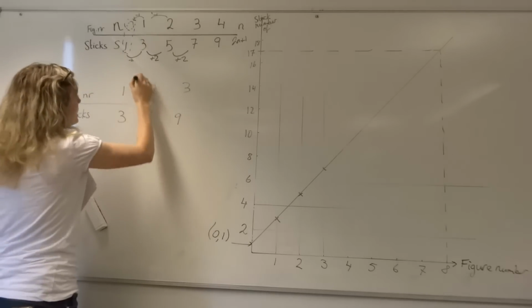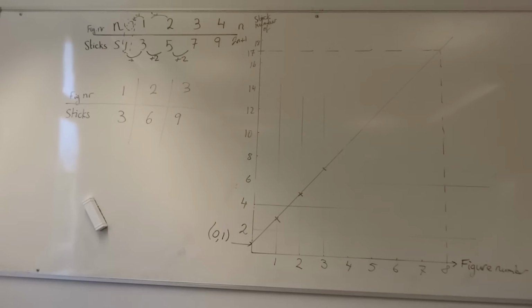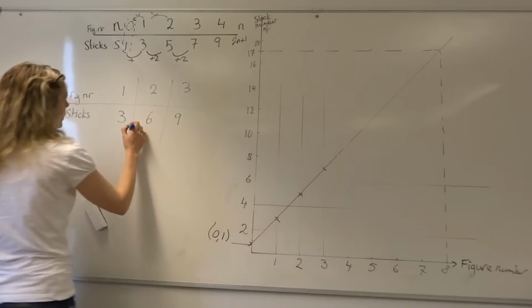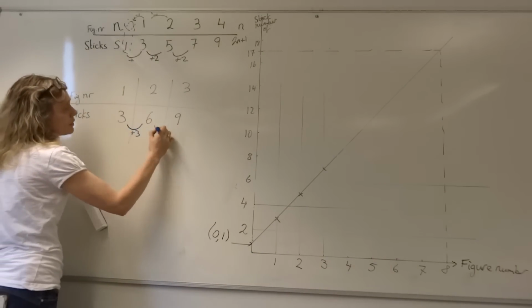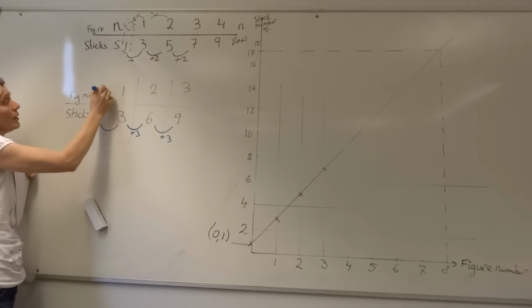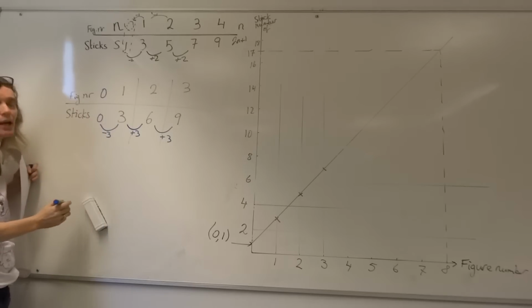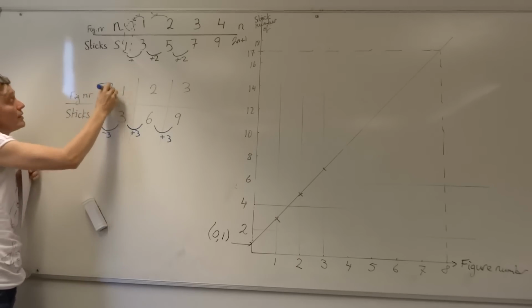So this is a totally different graph, which we'll represent with a different colour. And the formula for this one is easy, because here we have an interval of +3. So if we went back to figure number 0, we'd go -3, we'd get 0.